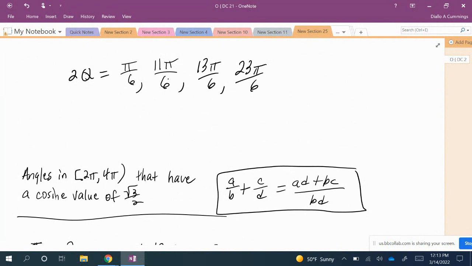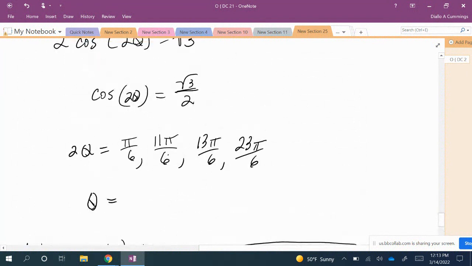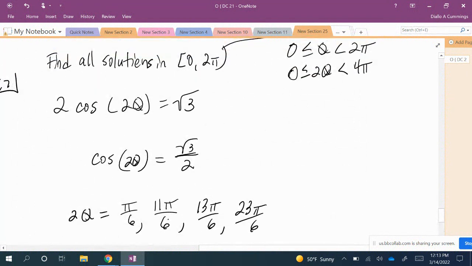All right, now here's the second half of what we want to do. These are all of the angles for 2 theta. However, we don't actually want 2 theta, we want theta. The reason is that when we go to check this using our original equation, we must substitute in theta, not 2 theta.